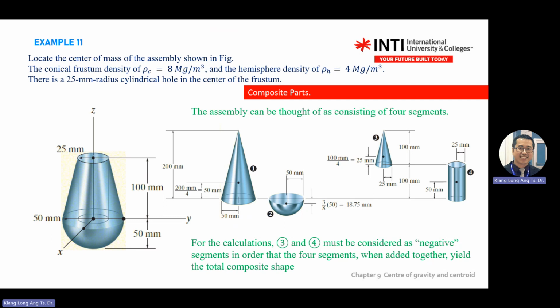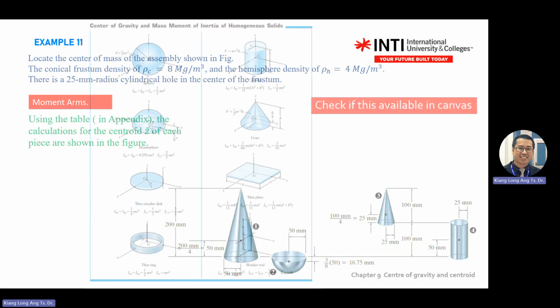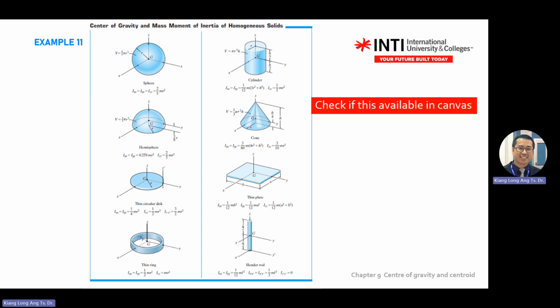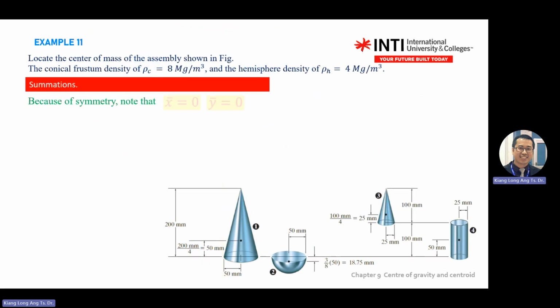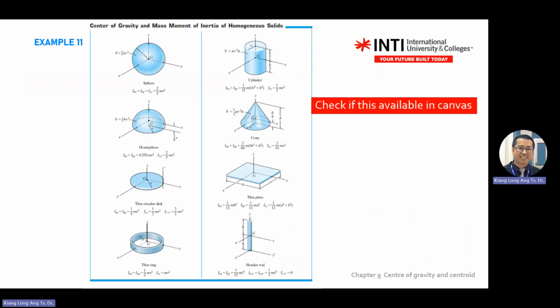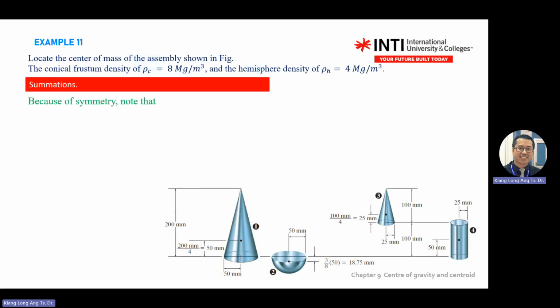If this question comes out, we will give you the height of the cone. This question is not complete. I should give you the total length of the cone. Okay, so the rest you build a table. Because this is symmetrical, in this case x bar is 0, y bar is 0, the only change is in z.